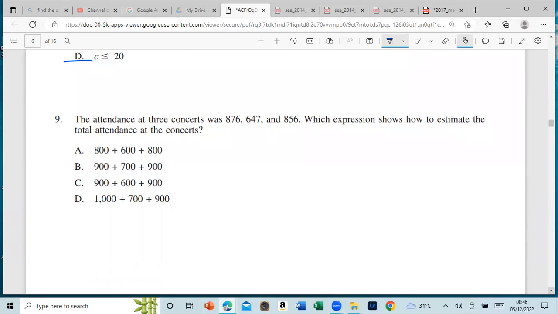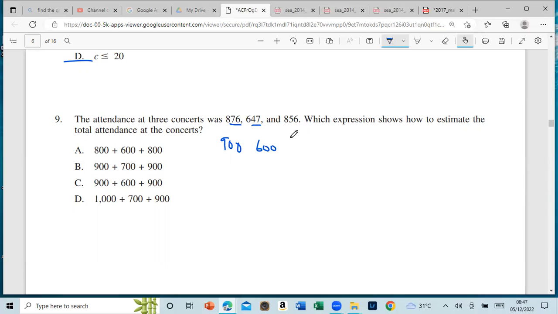Alright, number 9. The attendance of 3 concerts was 876, 647, and 856. Which expression shows how to estimate the total attendance at the concerts? So it's rounding off basically. We're going to round off each. We round up this, since it's 76. I'm going to round down this because it's less than 50.